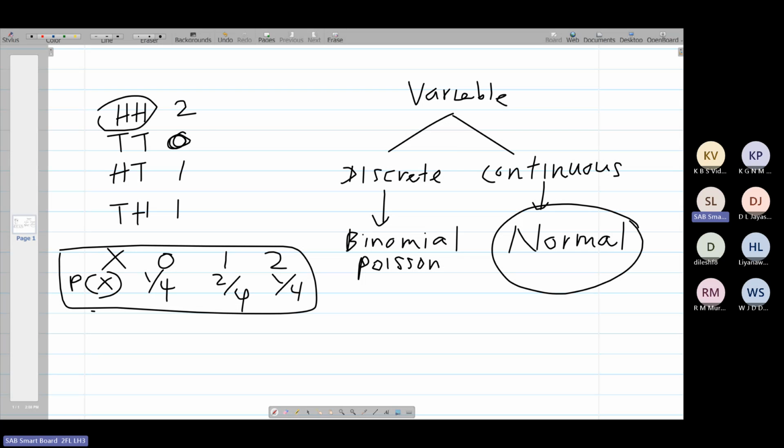It means normal distribution is used for what kind of variable? Continuous random variable. A continuous random variable is followed by the normal distribution. Understood?